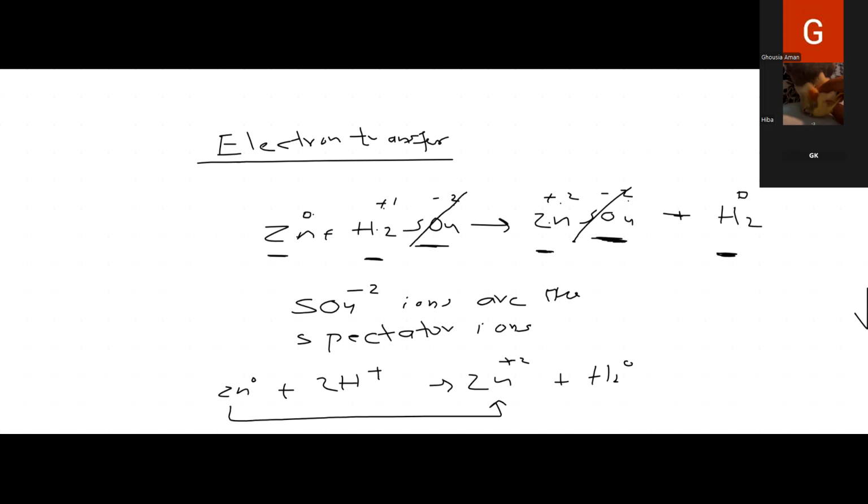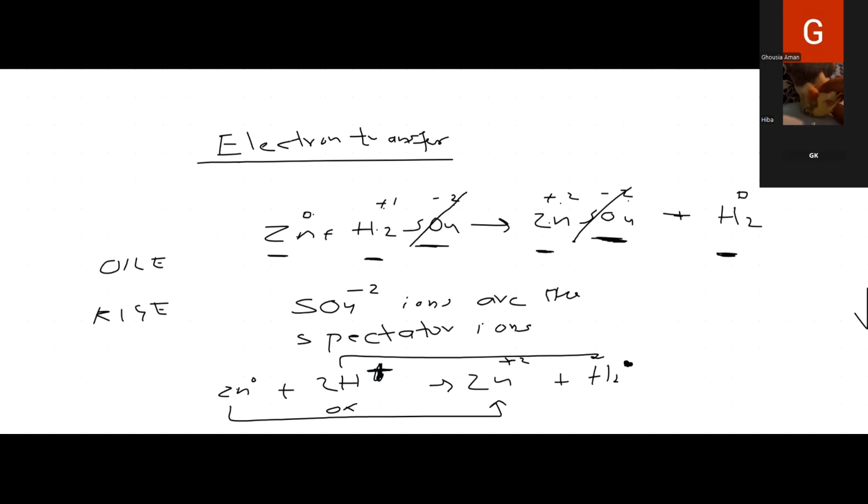So zinc 0 to zinc plus 2, loss of electrons, oxidation is taking place. And H positive to H0: the electron deficiency is gone, by the gain of electrons. So this is called reduction. So oxidation and reduction are taking place in the same chemical equation.